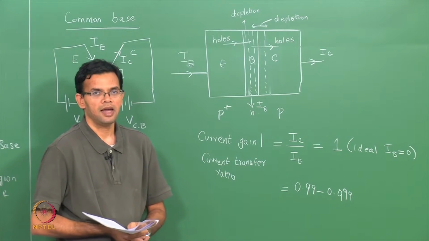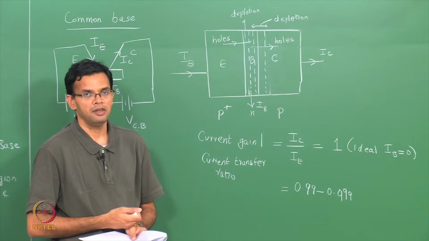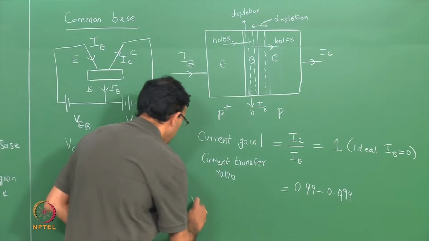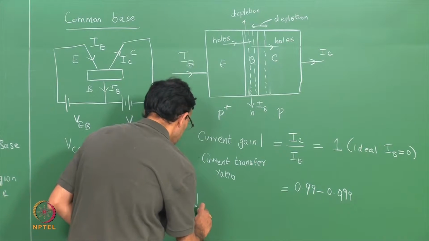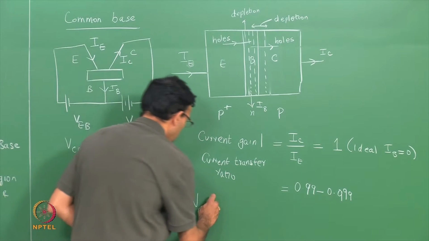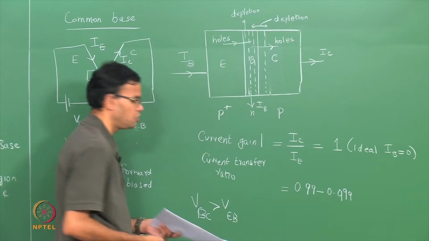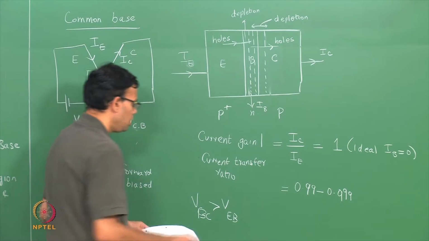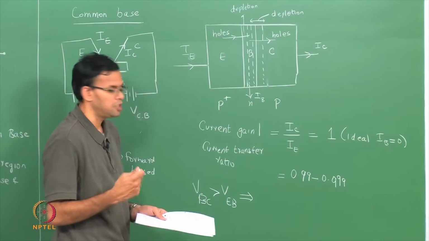The transistor action here arises because there is a net power gain, because we said that VBC, which is your base collector voltage, is higher than VEB, which is your emitter base voltage. So, if you looked at the net power, power is nothing but the voltage times the current.